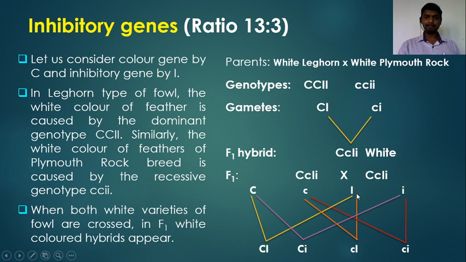Capital C, capital I. This capital C may get associated with the small i, so the gamete contains capital C, small i. Here this small c may associate with the capital I, so the gamete contains small c, capital I. This small c may associate with the small i, so the gametes produced have the alleles small c, small i.